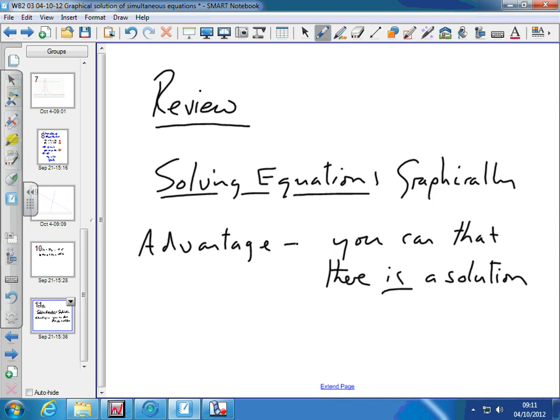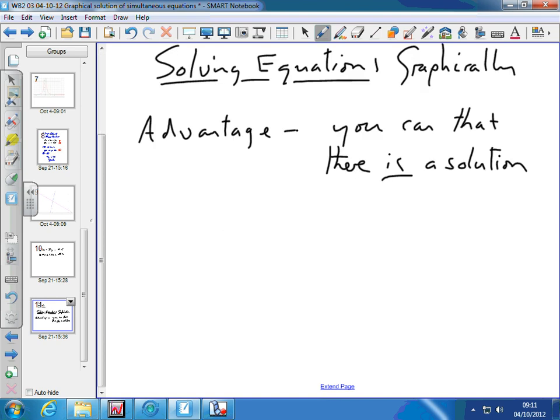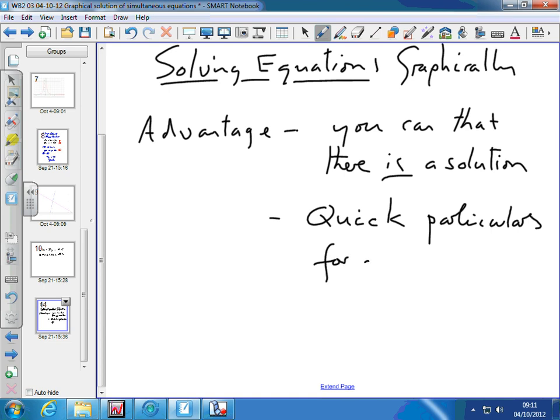Another advantage? Yeah, it's quick, particularly for hard or difficult equations. They don't need to be linear. It could be a quadratic equation or even a higher order equation.